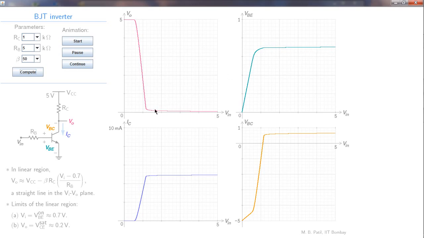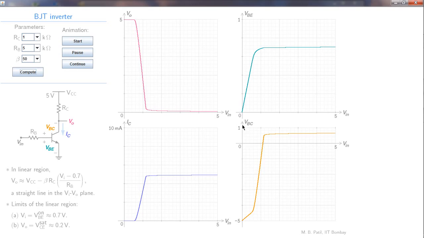And eventually, when the transistor enters the saturation region, the base emitter junction remains under forward bias, and therefore VBE is still 0.7 or thereabouts. What is this voltage here? This is 1 volt, 0.2, 0.4, 0.6, 0.8, so that's something like 0.7 volts.